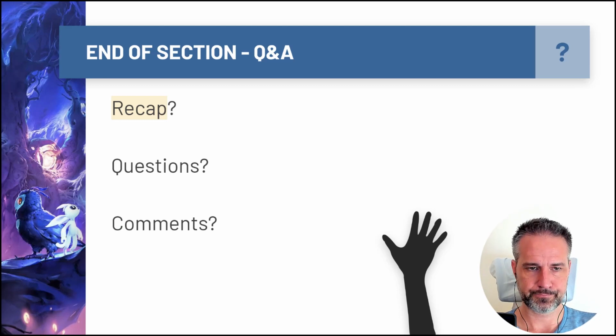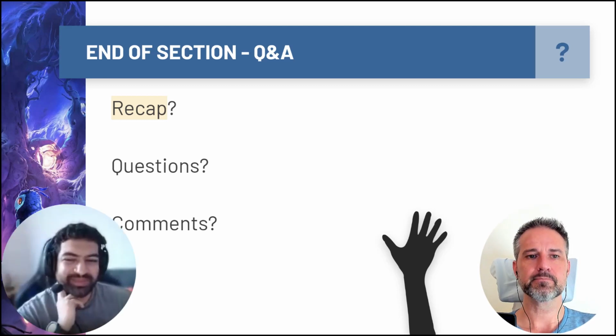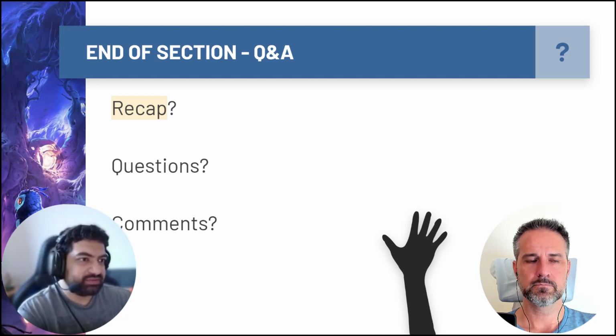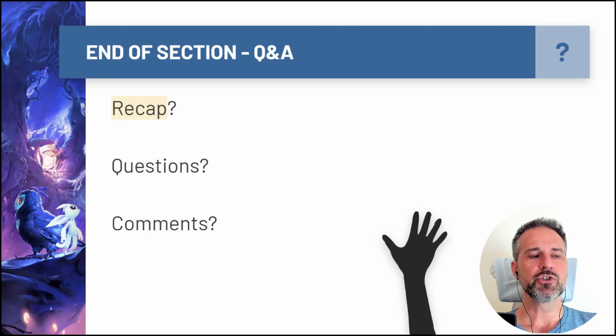Go ahead, Farooq. Does UI Toolkit optimize better in terms of file sizes for the same assets? Yeah, that's a good question. So I don't know the full answer, but when I was doing research for this, I do see that one of the value propositions for this system is that it's optimized for runtime performance.